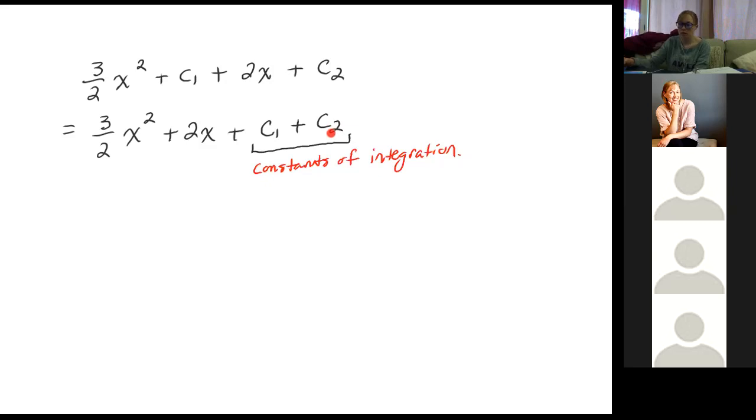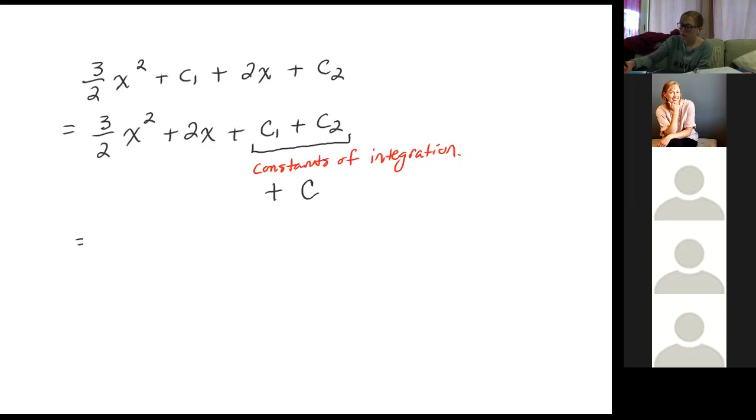So because I really have no idea what these constants are, I actually don't need to write a separate constant of integration for each little antiderivative that I find. I can just tack on a plus c at the end. Instead of plus c1 plus c2, I could just call that whole thing c.